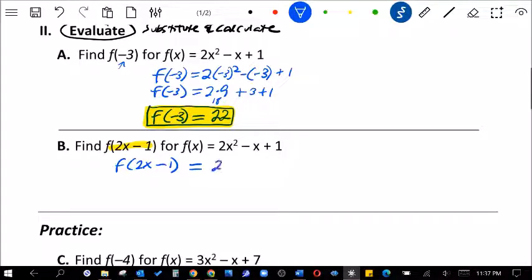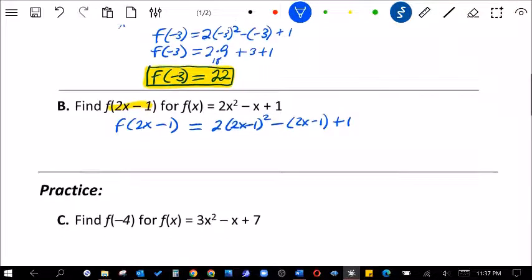It is equal to 2 times (2x minus 1) squared minus (2x minus 1) plus 1. Okay, so errors. This is a place that people tend to make an error here. And here's a second place where people tend to make an error. So what I'm going to do is I'm going to show you how to do them correctly.